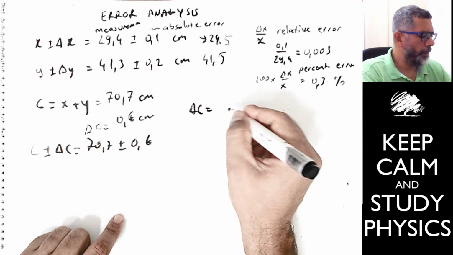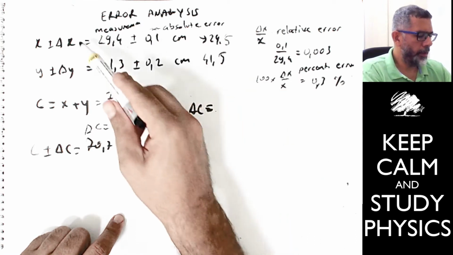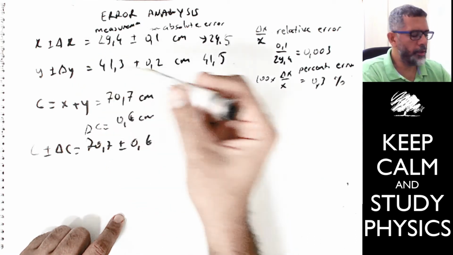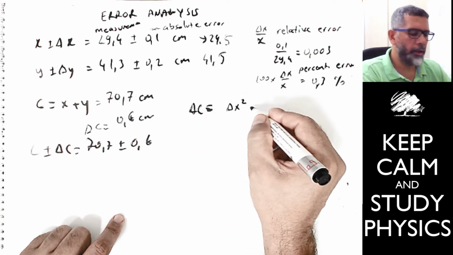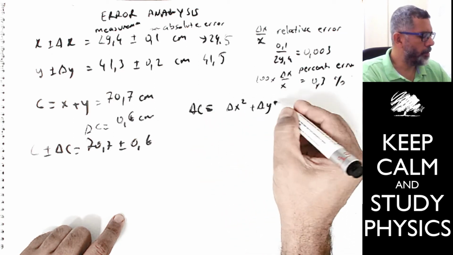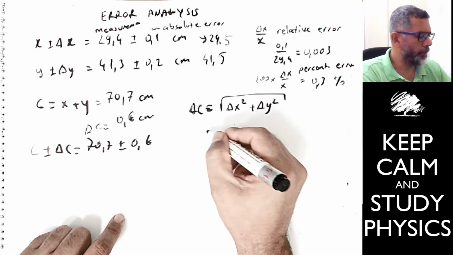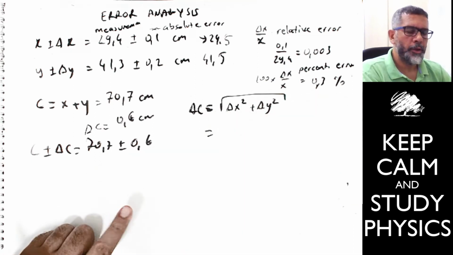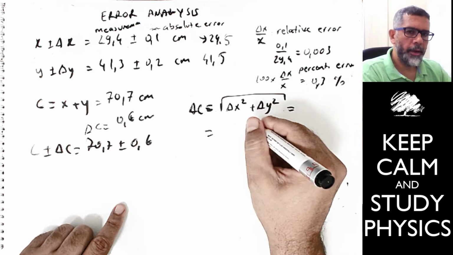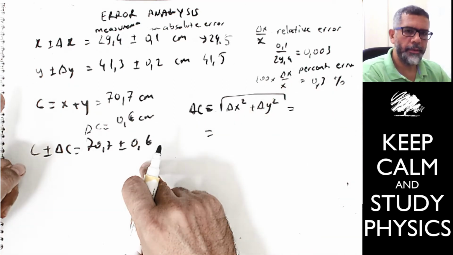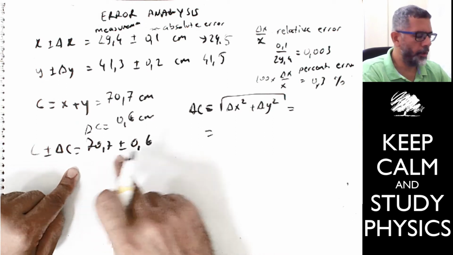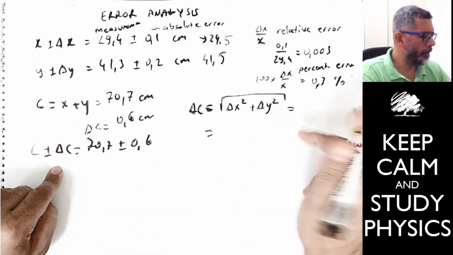If we have delta X and delta Y in your measurement, delta C is calculated by squaring delta X, adding delta Y squared, and taking the square root of it. This is the standard way of calculating the error for addition of measurement values and reporting the error value as the result.